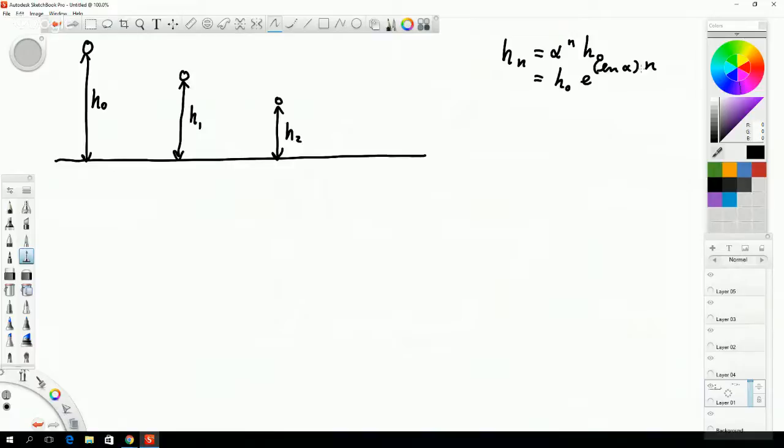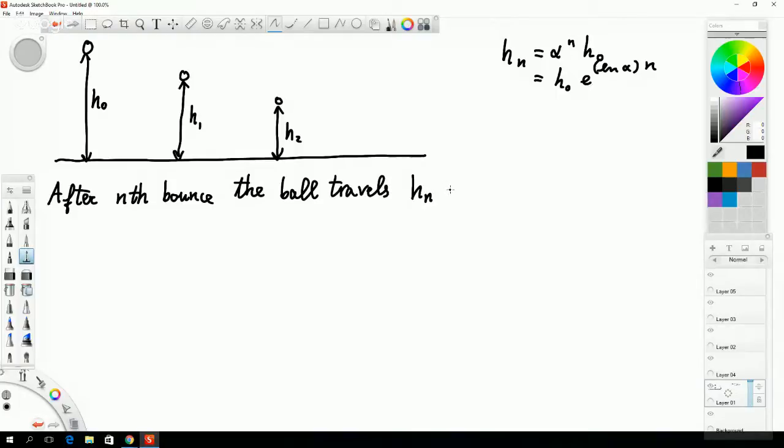So in particular, after the nth bounce, the ball travels a distance hn upwards, and also hn downwards, of course.